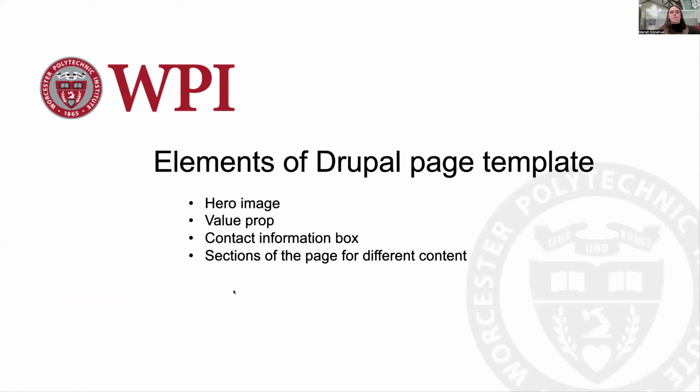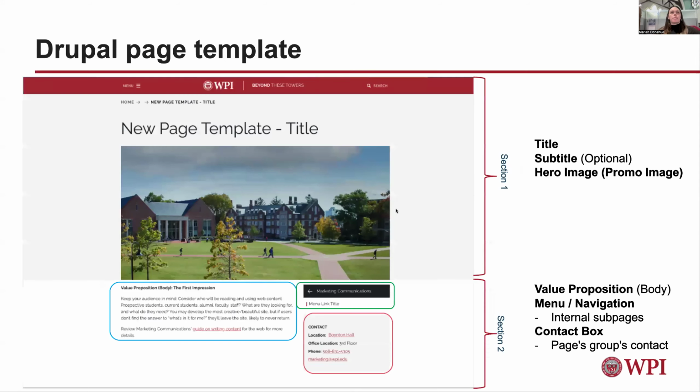Thanks, Julia. So first we'll go over the elements of the Drupal page template. There's a template that's built into Drupal whenever we create a new page. So we can go over what you should expect to see whenever you request a new page. First, the first two sections will be configured within the template.